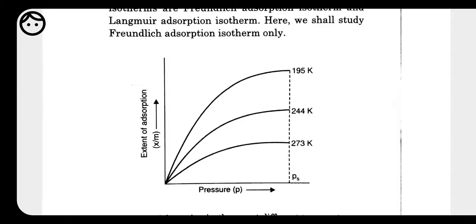Okay, so it is found that on giving the maximum pressure, the line goes straight, meaning it reaches equilibrium. And it is found that here the extent of adsorption is independent of pressure. Here the pressure is not going to affect the process of adsorption.